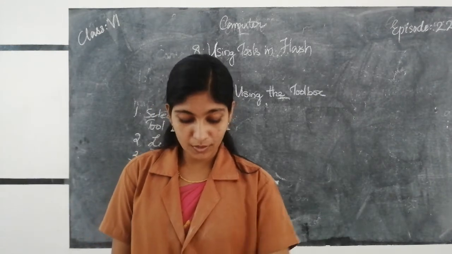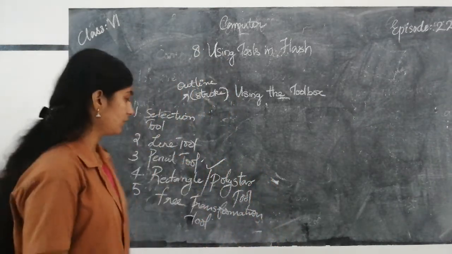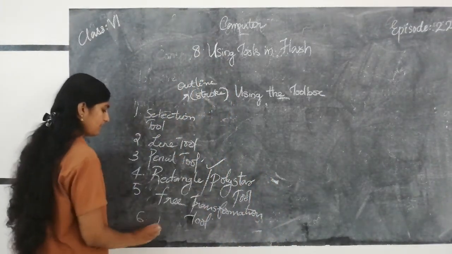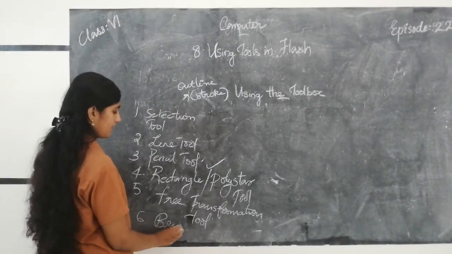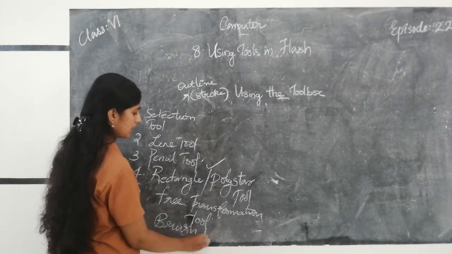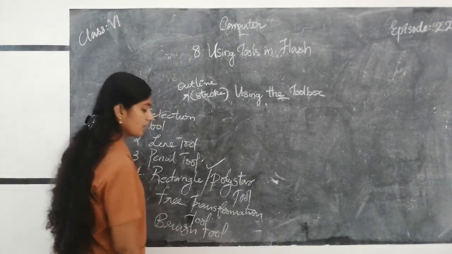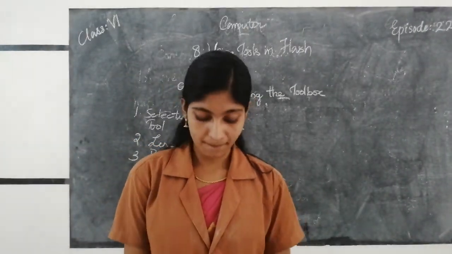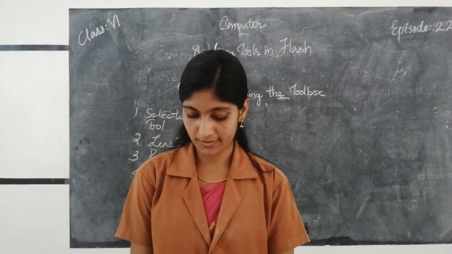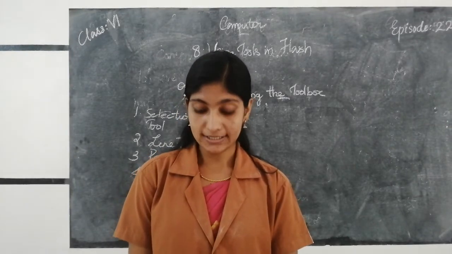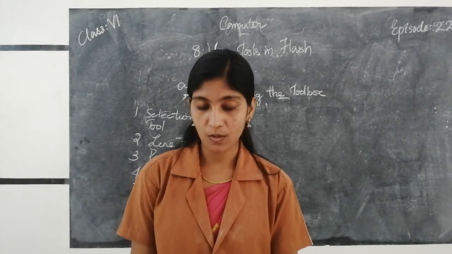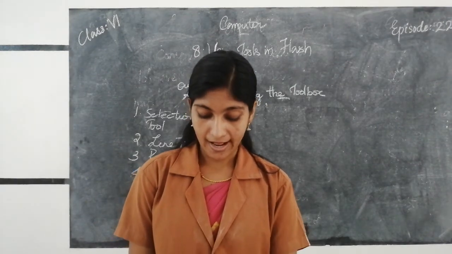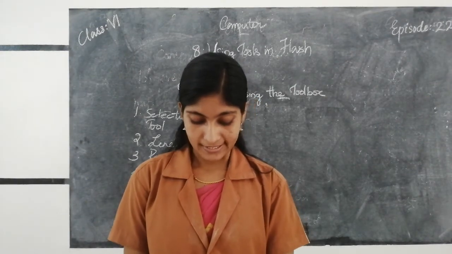Then moving to the next topic, that is the brush tool. So sixth one, brush tool. Using a brush tool, you can draw as you do with brush strokes. You can select the brush sizes and also brush shapes as desired.